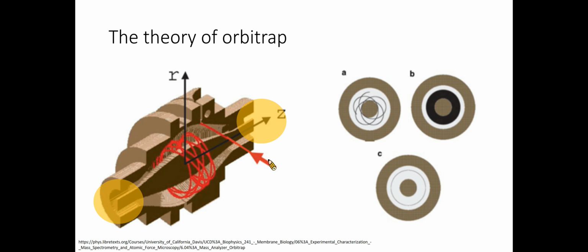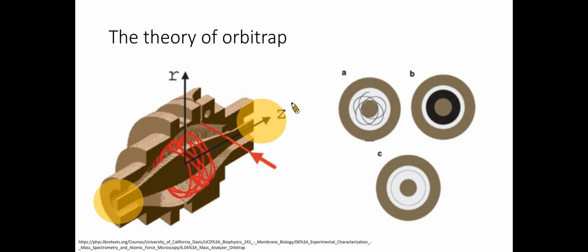This figure illustrates the side view and cross sections of the Orbitrap as ions circulate through the trap. When ions are initially injected, ions typically follow an imperfect oscillatory motion with frequencies out of phase with the electrodes, like panel A, where the increase in voltage on the central electrode squeezes the ions into a curved trajectory around the central electrode.